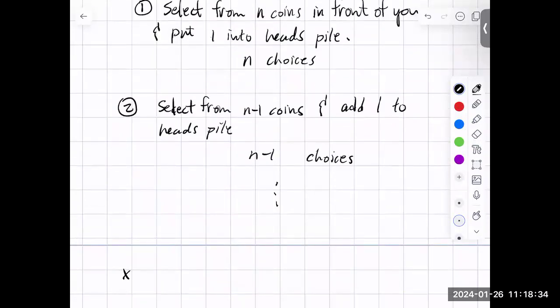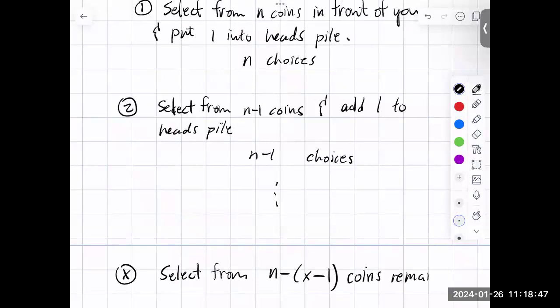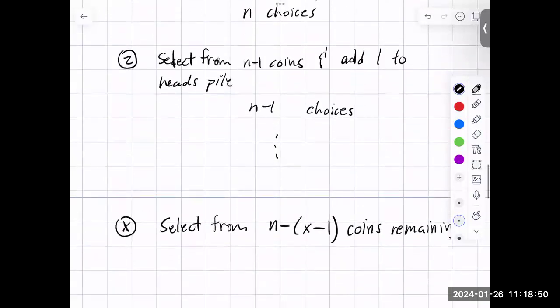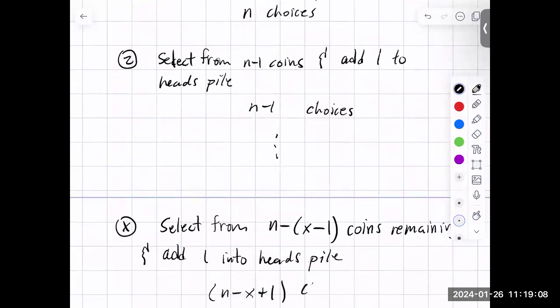We'll get up to step X, and we're going to select from the N minus (X minus 1) coins remaining, and we add 1 into the heads pile. And so this is N minus X plus 1 if we bring this minus sign in. And so that's how many we can choose from in this case.